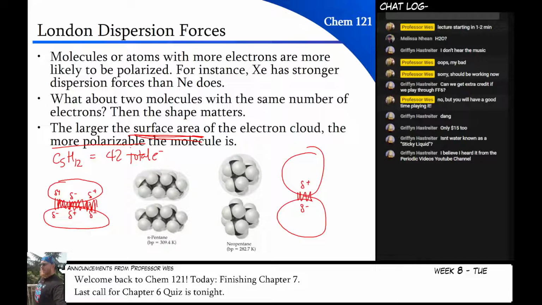And so you could see here, the boiling point of the linear version versus the circular or spherical version is different by a factor of like 20 degrees. That's not a factor, sorry. It's just different by 20 degrees, 25 or so. So all that changed here is the shape.